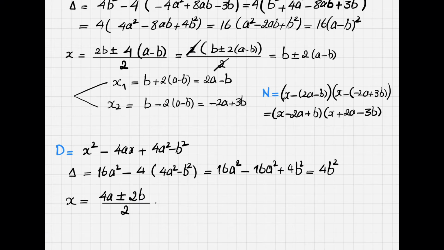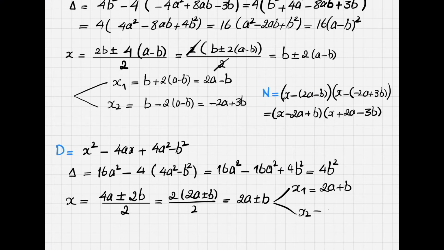So if I factor a 2 out, it becomes 2a plus or minus b divided by 2, so I will get 2a plus or minus b. So for example, x1 in this case I can consider to be 2a plus b, and x2 I can consider to be 2a minus b.